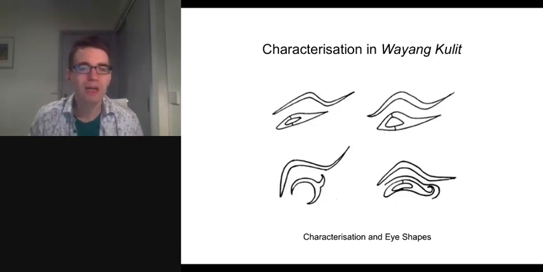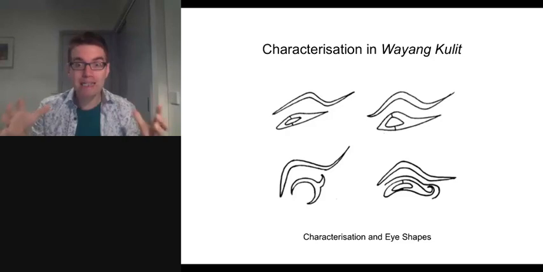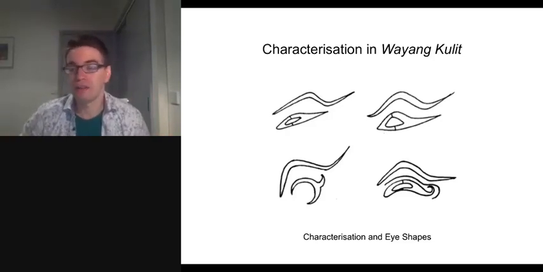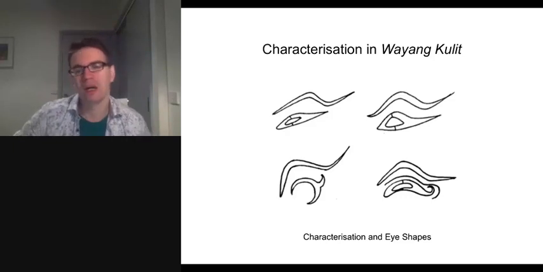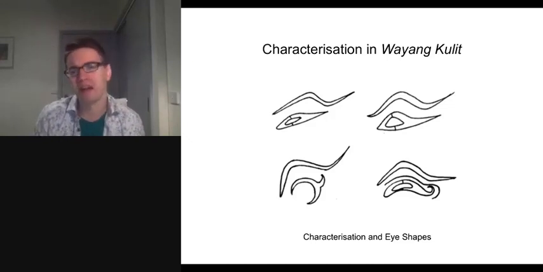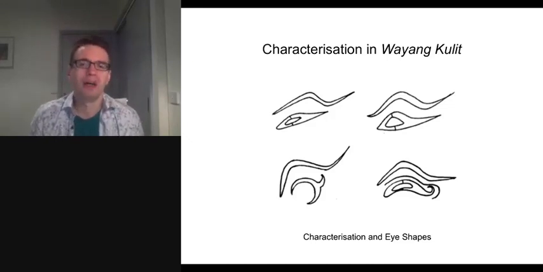And then we have in the bottom left-hand corner, as we're looking at the screen, a very wide eye, and this would definitely be a karas indicator. And then there's also another eye in the bottom right-hand corner, a bit old, a bit tired, and that would denote a character of that type in Wayang Kulit.